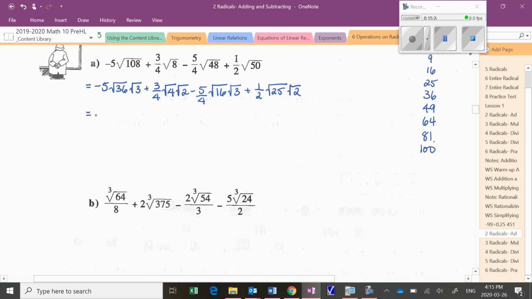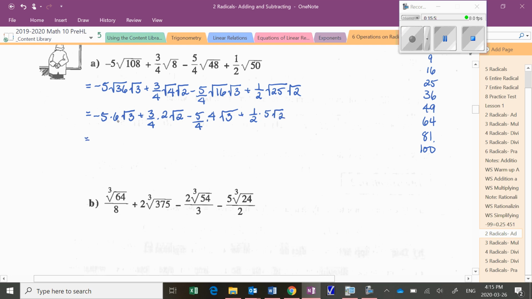Okay, so then we've got negative 5 times 6 root 3, plus 3/4 times 2 root 2, minus 5/4 times 4 root 3, plus 1/2 times 5 root 2.